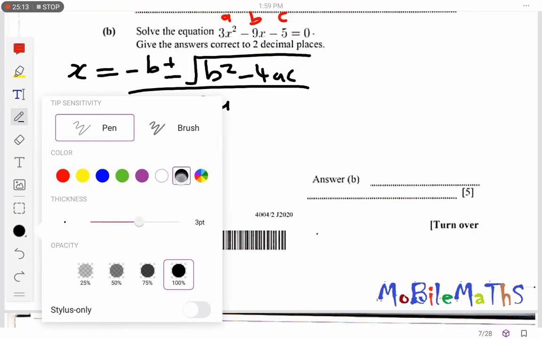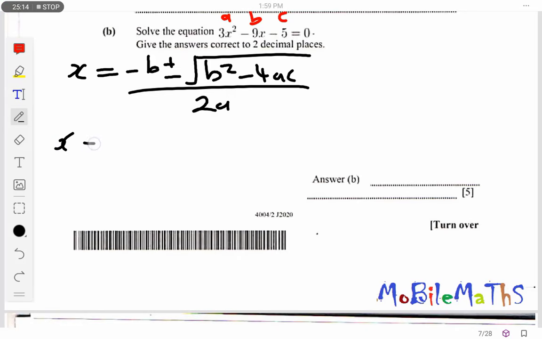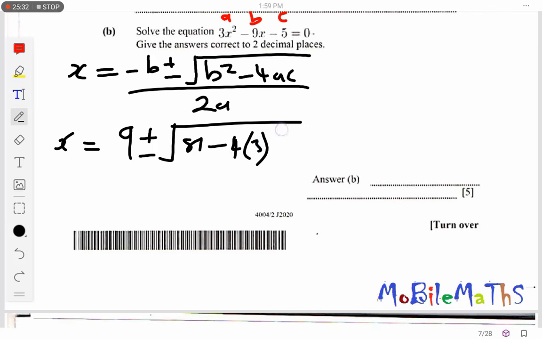So we can write x is equal to 9, plus or minus square root of 9 squared, that's 81, because minus times minus gives a positive, minus 4 times a, which is 3, times c, which is minus 5, over 2 times a, which is 3.